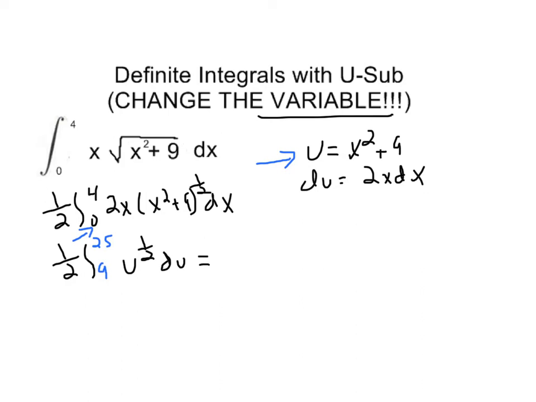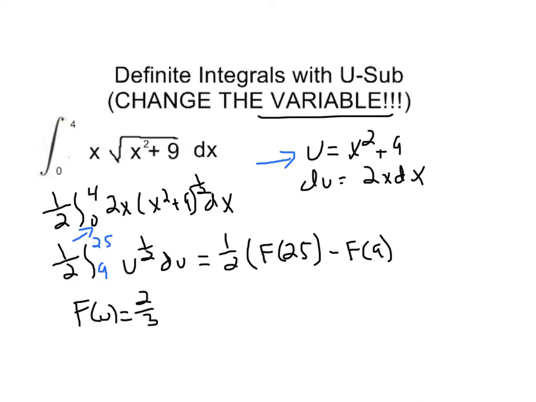So this is going to be equal to 1/2 times big F of 25 minus big F of 9. What's big F? Big F is the antiderivative of u to the 1/2, which is equal to 2/3 u to the 3/2. I go ahead and plug that in.